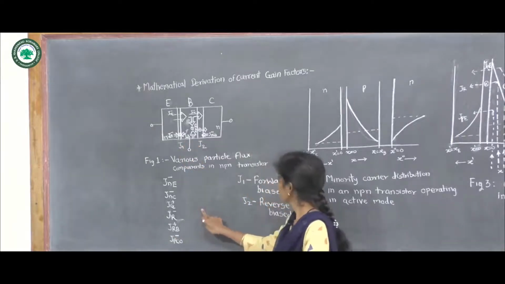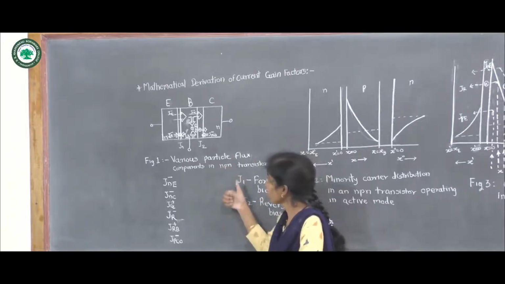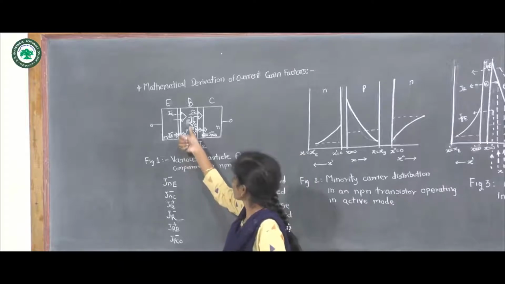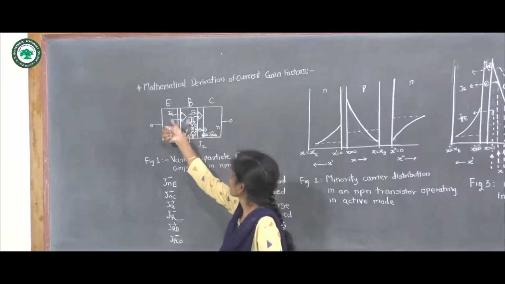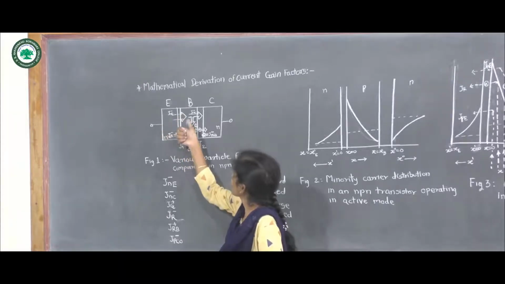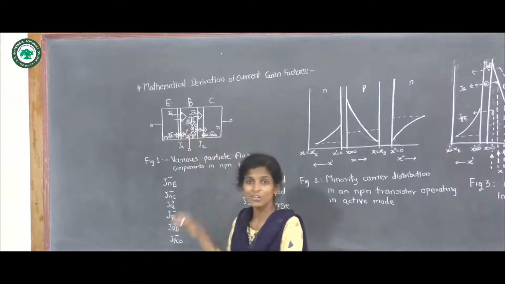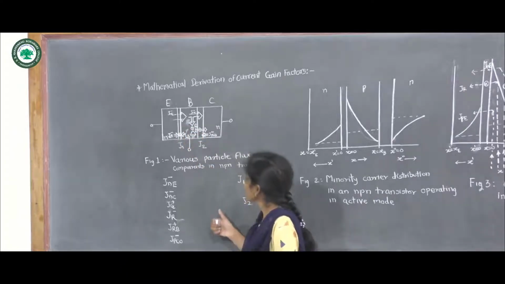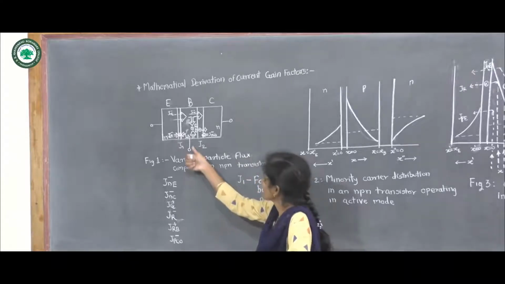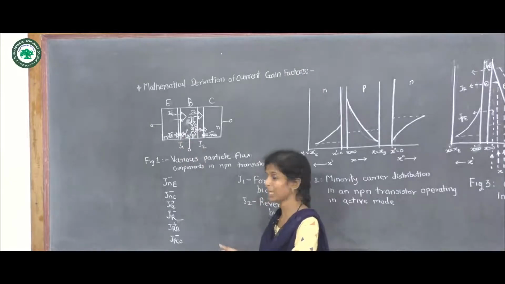That is, JRB plus is the particle flux which compensates the holes which are lost in the recombination process when electrons from the emitter come to the base and recombine with the holes. It replenishes what is lost in the base, and is given by JRB plus.